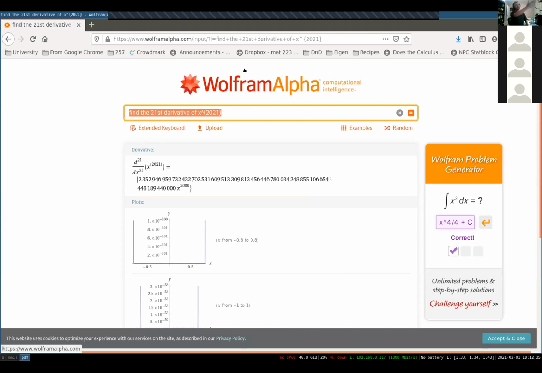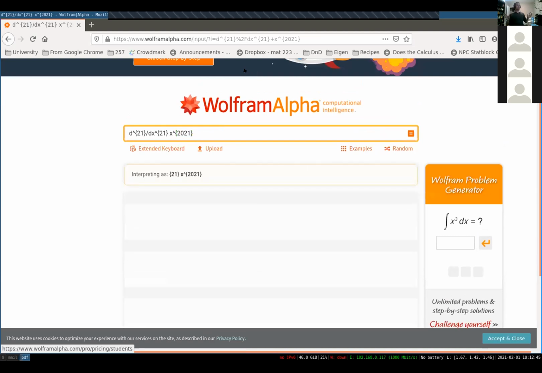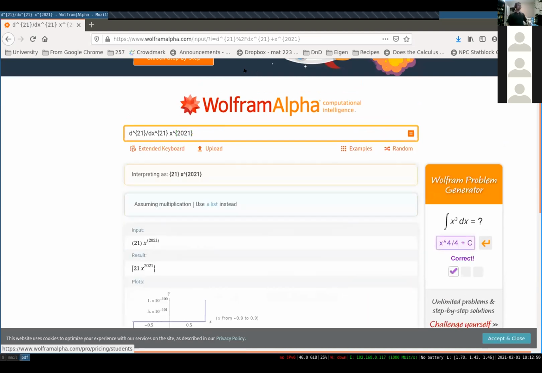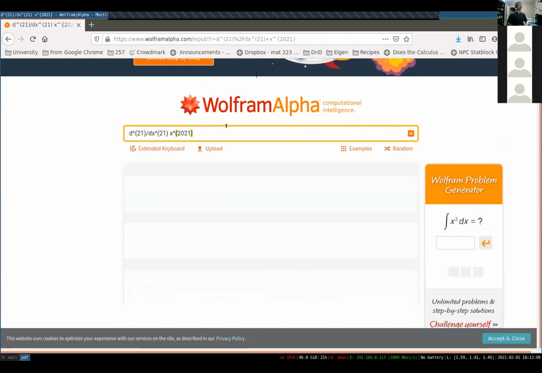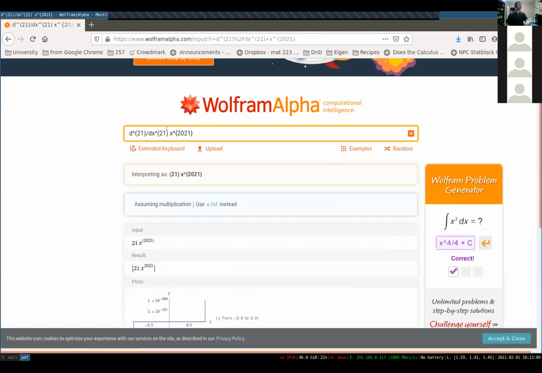Let's say I didn't want to write it as find the 21st derivative. What if I wrote it as d to the 21 divided by dx to the power of 21 of x to the 2021? Hopefully this works out. No, it's not going to. But sometimes it does know how to correctly interpret that. Maybe if I use, no, it doesn't seem to like that.